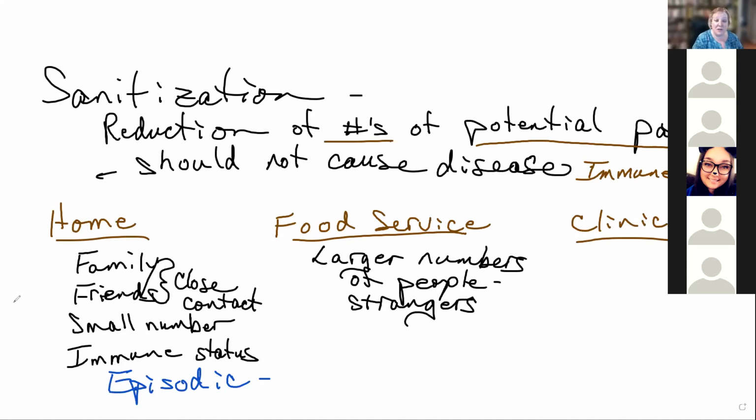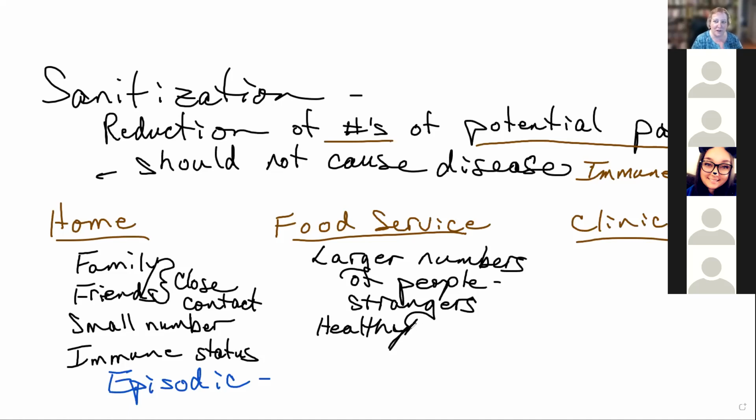But generally speaking, most of the people that go out to eat are healthy. Unless you're doing Meals on Wheels, then you're taking food to potentially folks who are homebound, who may have more of a compromised immune system. So it depends upon your food service, but generally speaking, we're talking about healthy people who work there.